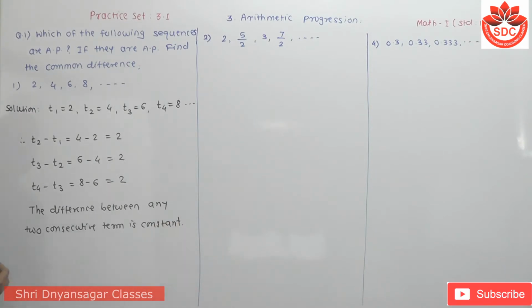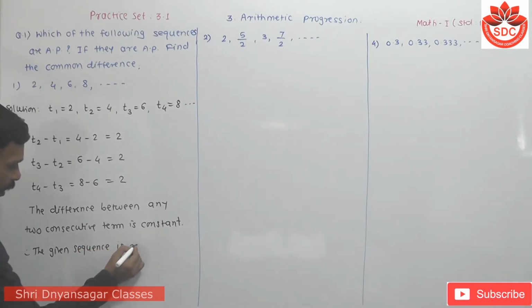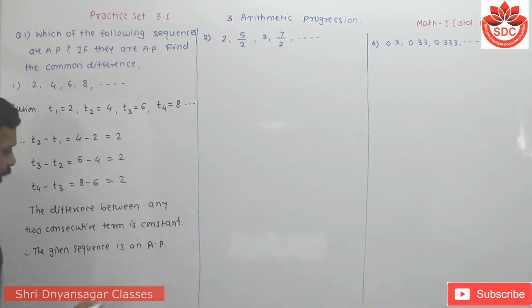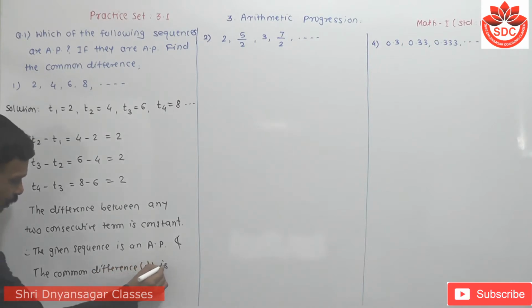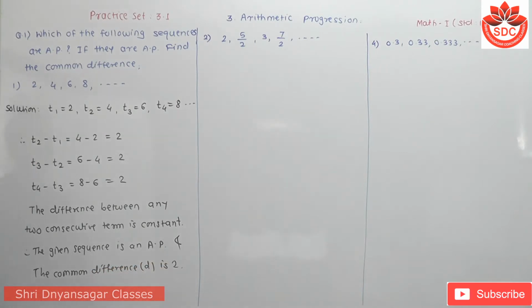Therefore the given sequence is an AP, and the common difference d is 2. Can you understand this?